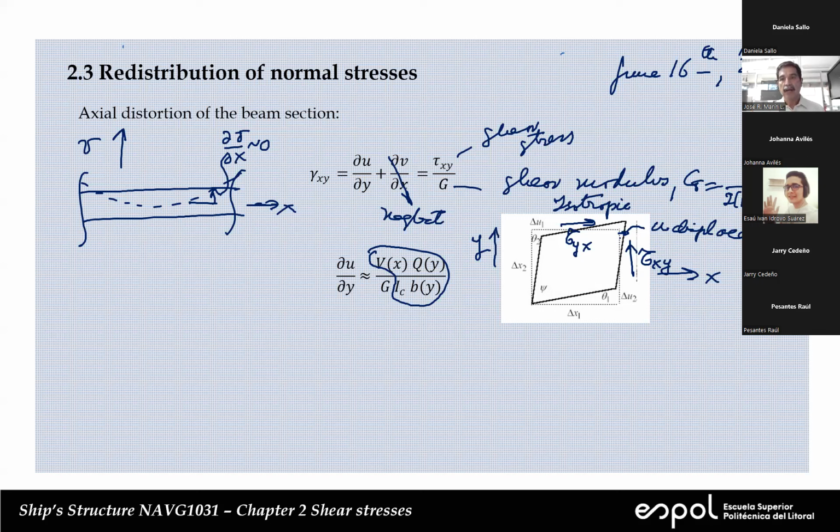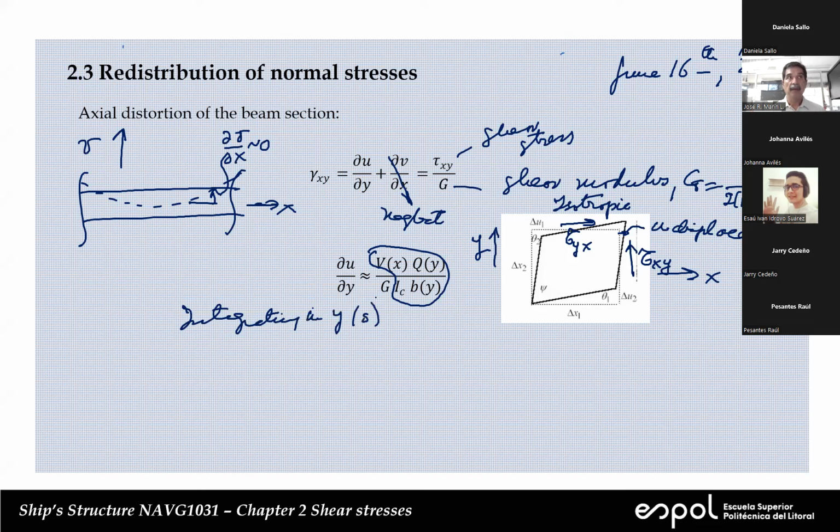How can we calculate this? We can calculate using this expression, which employs the expression that we just deduced in 2.2. Now, if we want to calculate u, then we have to integrate in y.